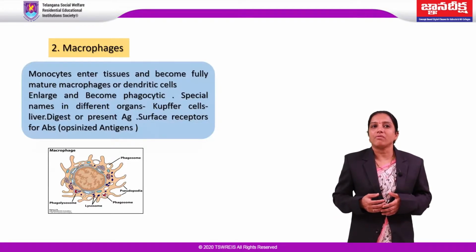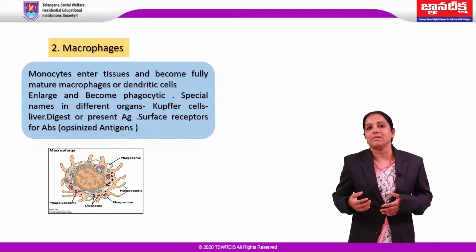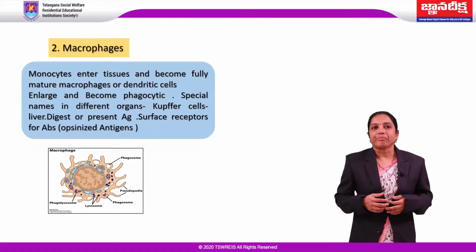The macrophages are named differently based on their location, like Kupffer cells in the liver, osteal macrophages in bones, microglial cells in brain, etc. And they mainly carry receptors on their surfaces for binding to an antibody.